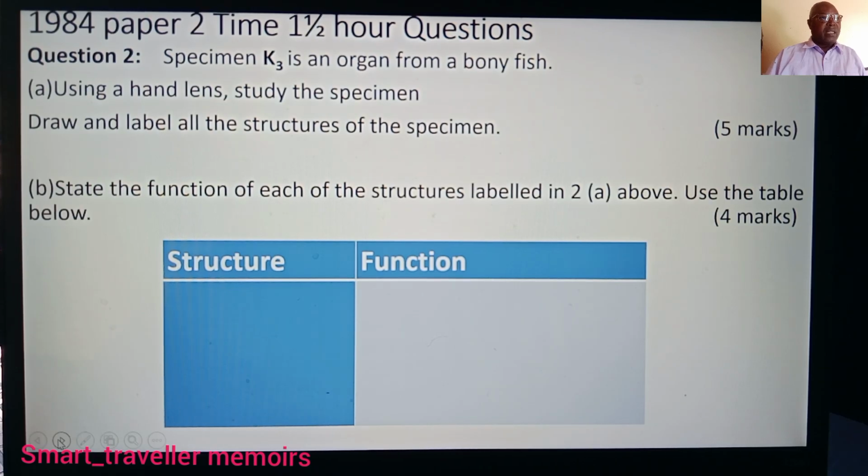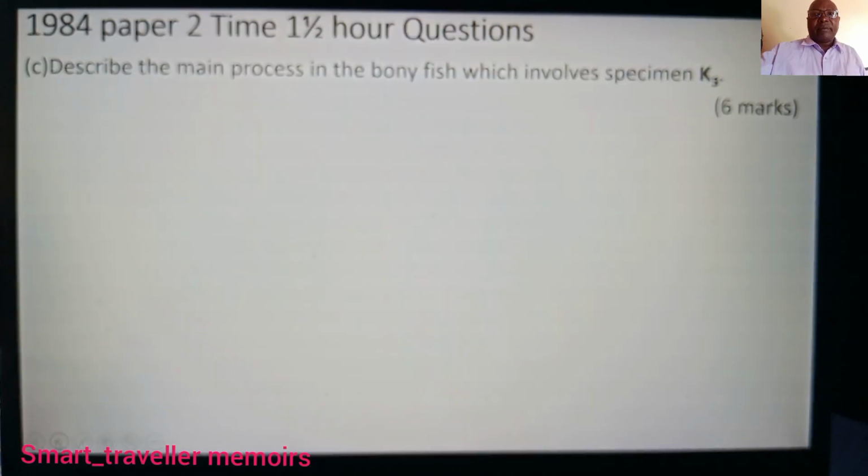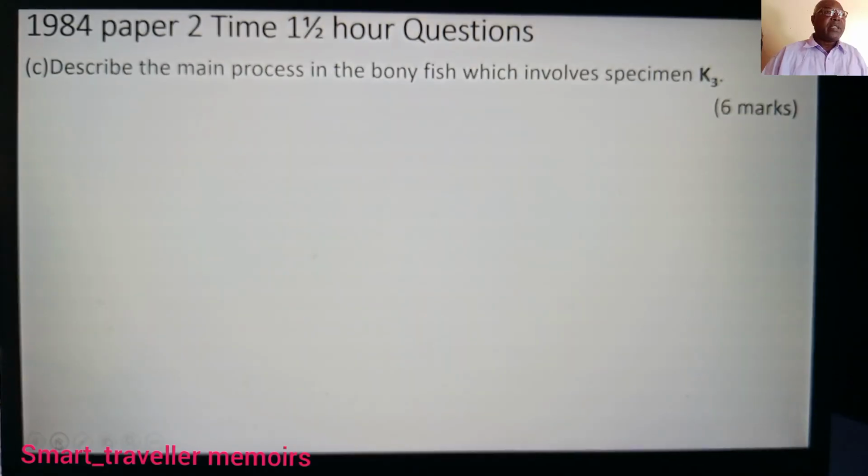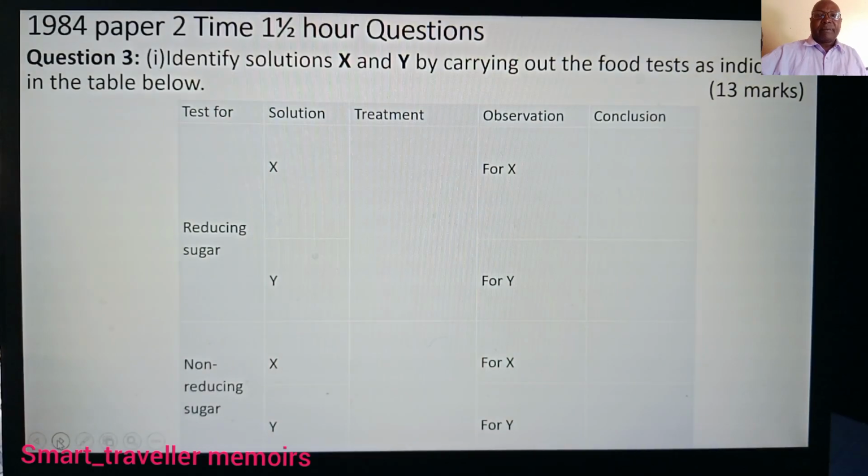Part B. State the function of each of the structures labeled in 2A above. Use the table below. The table has structure and function. And finally, in part C, describe the main processes in the bony fish which involves specimen K3.